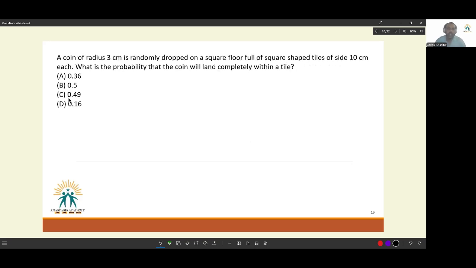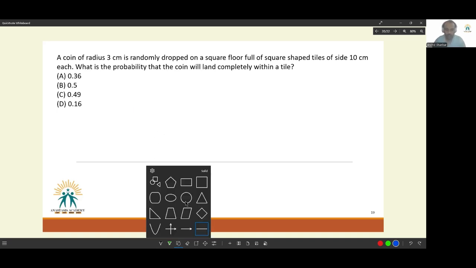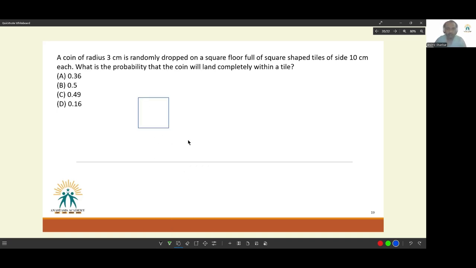Next, a coin of radius 3 centimeter is dropped on a square floor full of square-shaped tiles, side 10 centimeter each. Okay. This is a former year XAT question. It's a fun question.